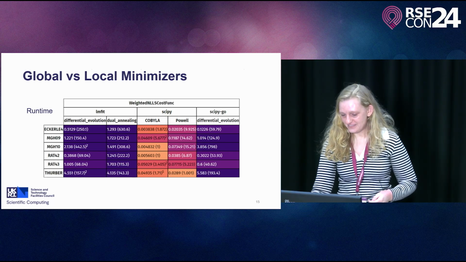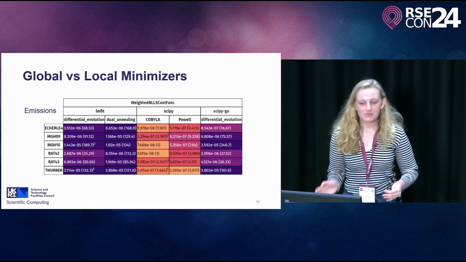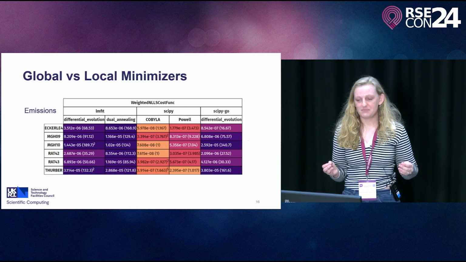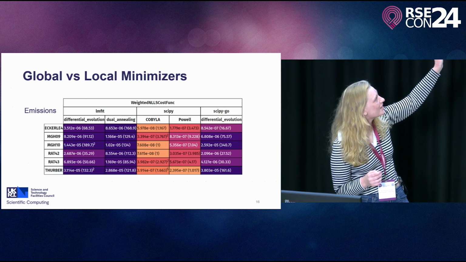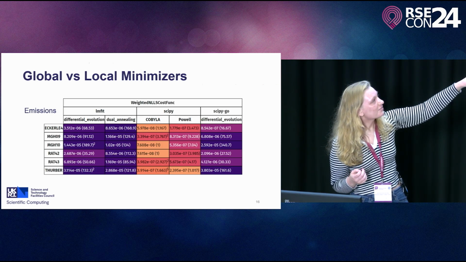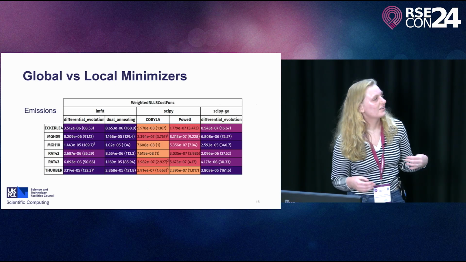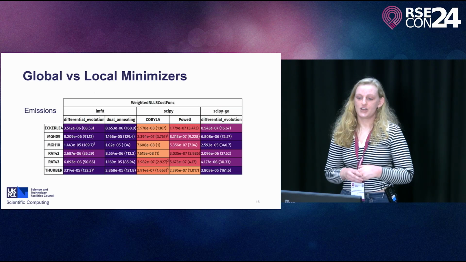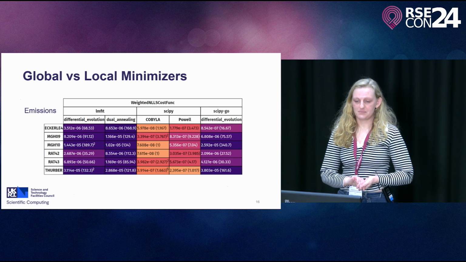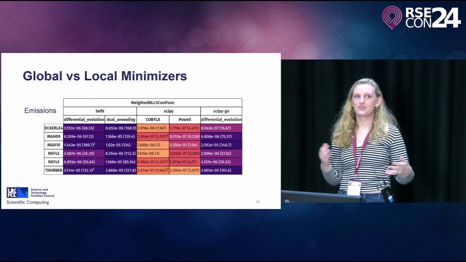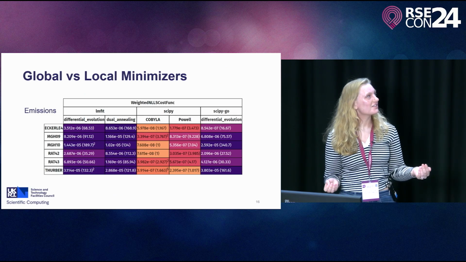And then if we look at the emissions table, it's similar to runtime, but for the MGH10 problem, the differential evolution minimizer is only 340 times less carbon efficient than the most carbon efficient local minimizer, which is not as bad as you may expect based on the runtime table.